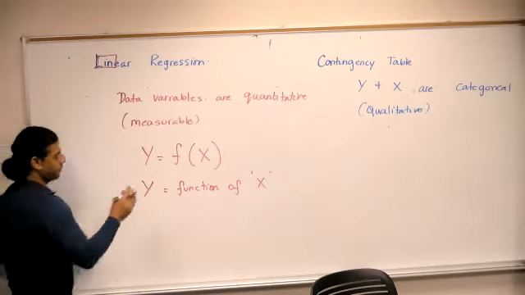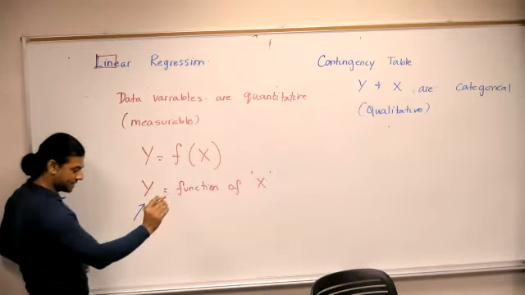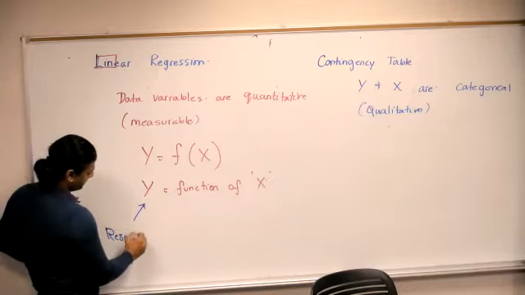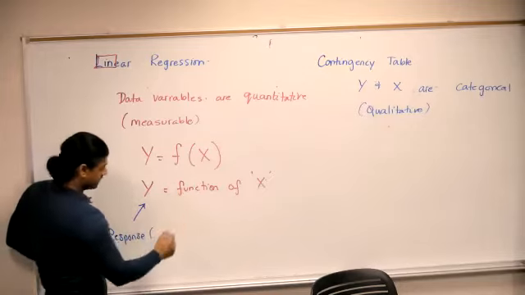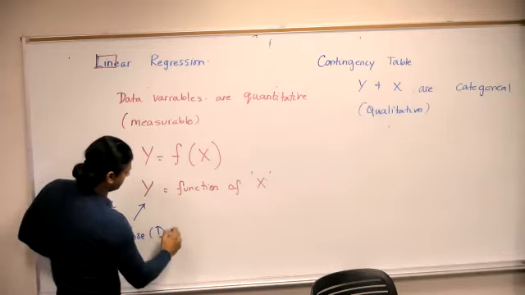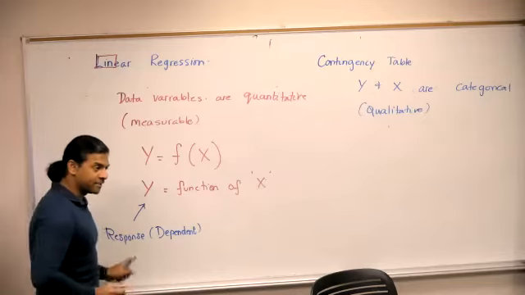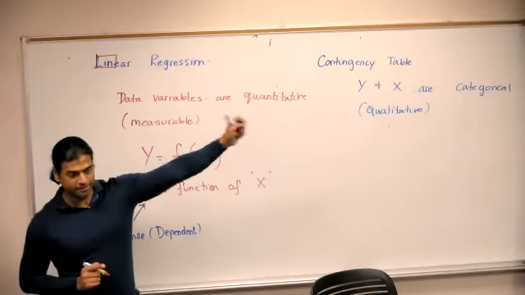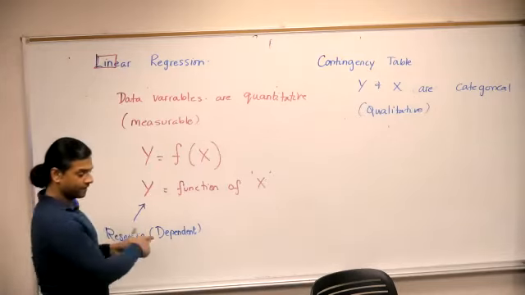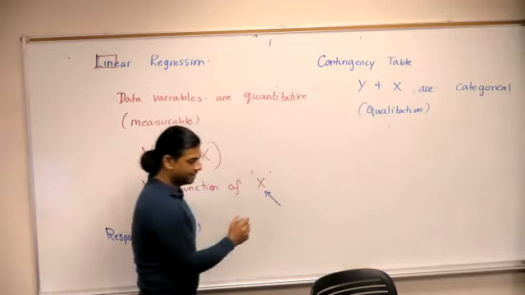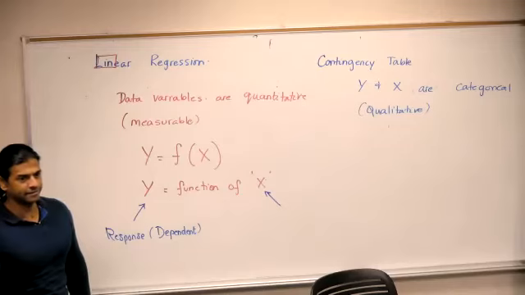So y in statistics is what we call the response variable or the dependent variable. We already went over this in chapter 11, response, dependent. What did we call x in chapter 11?